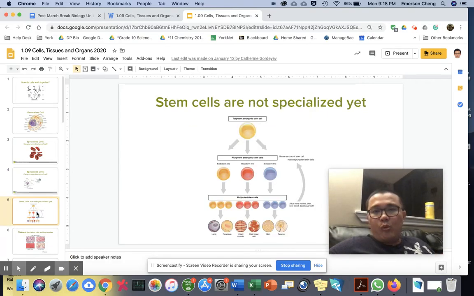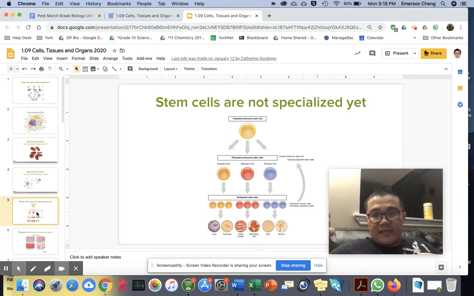The reason we have these special kinds of cells is that, I'm pretty sure you have heard of stem cells before. A quick way to talk about it: when a sperm and an egg, one from dad, one from mom, come together, they form a fertilized cell. That was a fertilized egg.